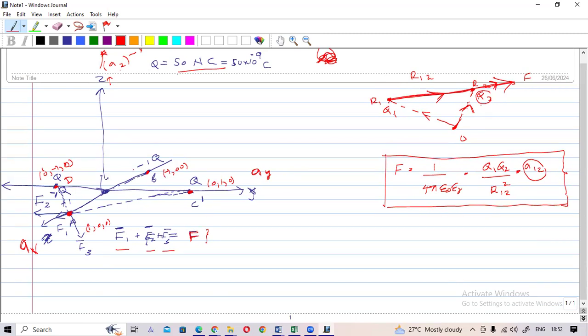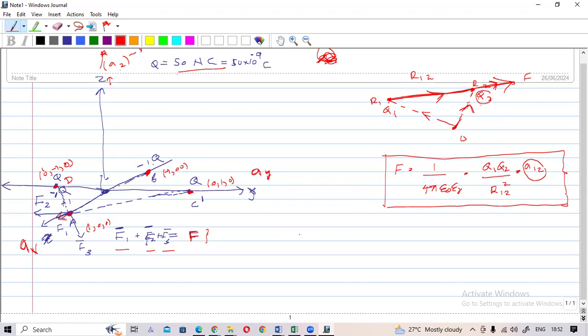Now let's consider this B charge. Due to this B charge, there is a force on this A charge, no?